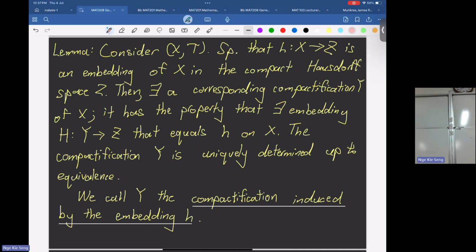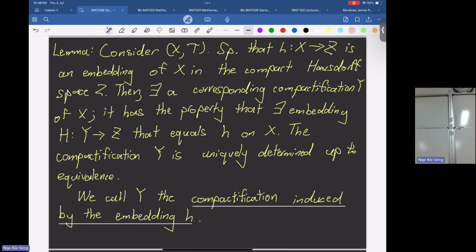What if you have another embedding that gives you a potentially different space, but still having the unique extension property? Do these two spaces have to be the same? Just now we used a very specific embedding, we considered the product. Let's say you use a different embedding and also produce a Stone-Cech compactification, meaning you have the unique extension. Should they be the same space or not?